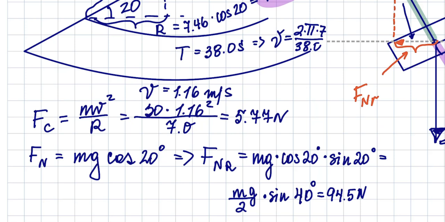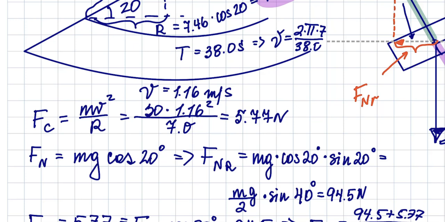Then, centripetal force being 5.77 equals force friction cos of 20 minus 94.5. Then from there, force of friction would be 94.5 plus 5.77 over cos of 20.